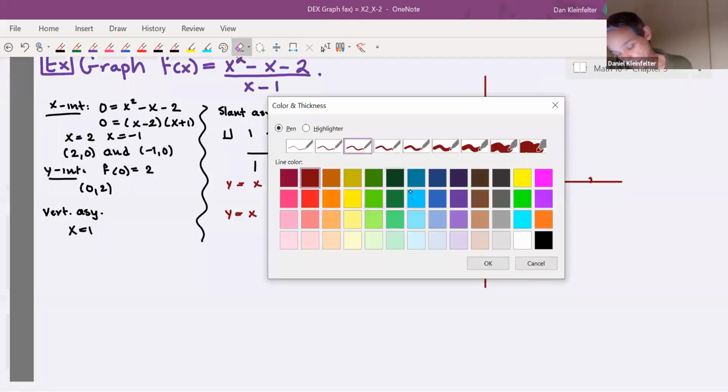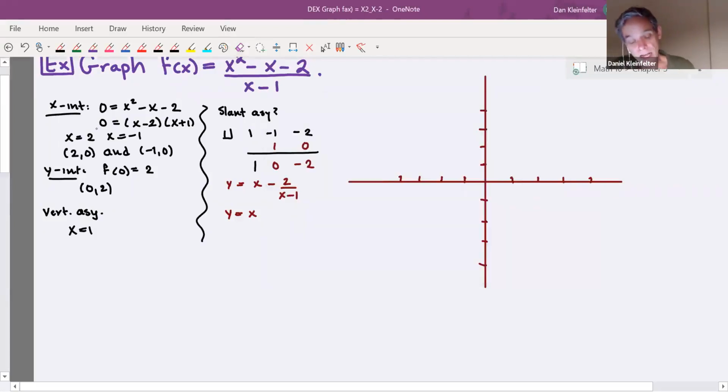All right, so this is what I've gotten so far. So we should have x-intercepts at (2, 0) and (-1, 0). And then a y-intercept at (0, 2). And then there's one vertical asymptote at x equals 1.